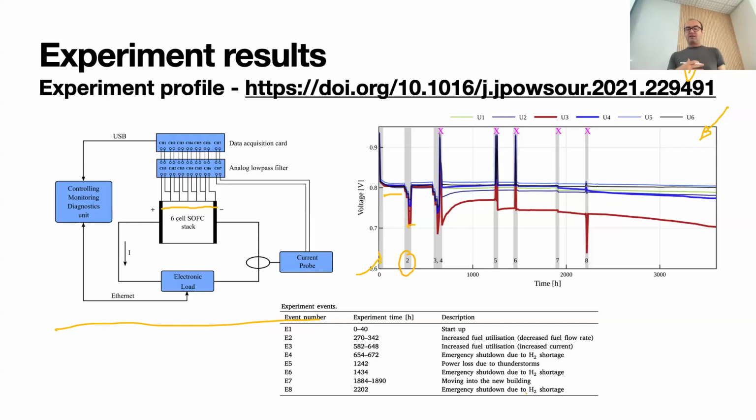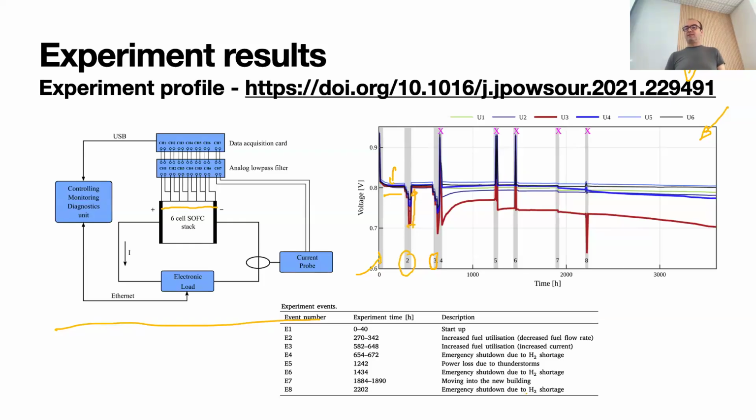Please don't take the numbers I'm saying now at face value. I can double check, but there were 4 steps of increased fuel utilization, and then the cell was returned to normal operation, identical to before. It was operated for some more time, and then we come to event number 3.